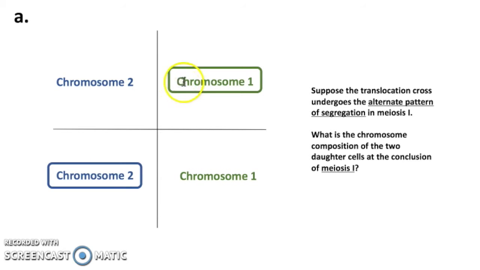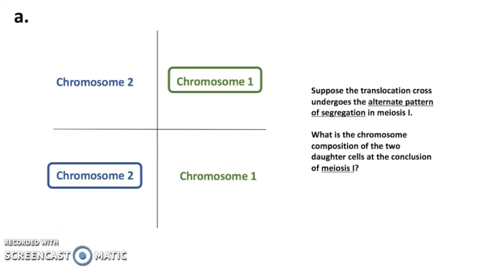In the top right corner, I place the normal version of chromosome 1, the one where no crossing over has taken place with the other chromosome. Then in the bottom left corner, I put the normal chromosome 2, so they are kitty corner to each other.